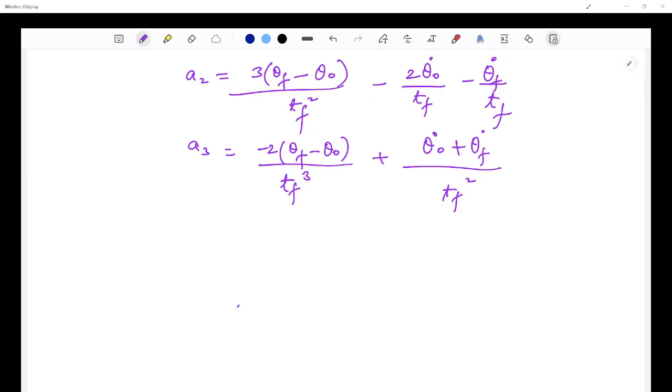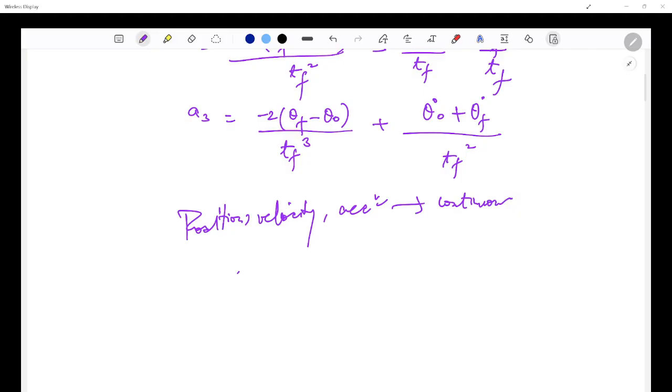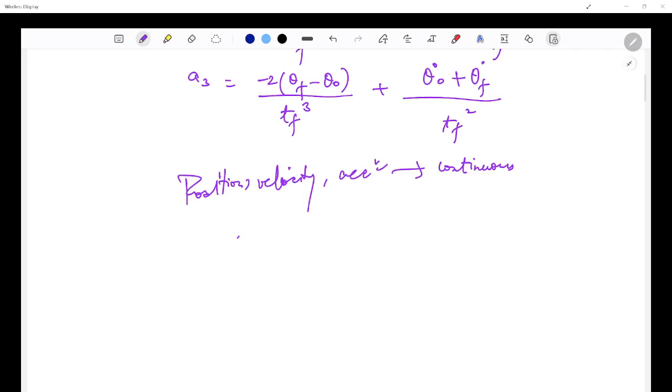So from here, if you go for a cubic polynomial, we get position, velocity and acceleration, all of them to be continuous, and then we cannot control acceleration at boundaries.